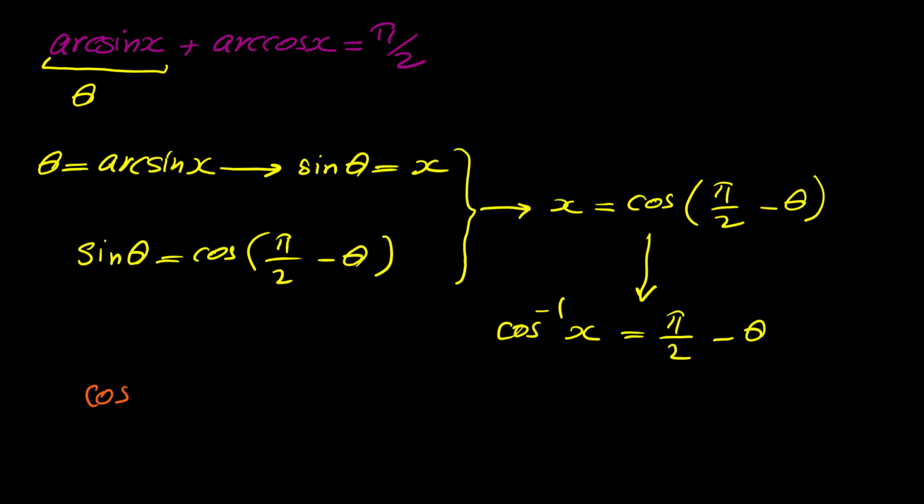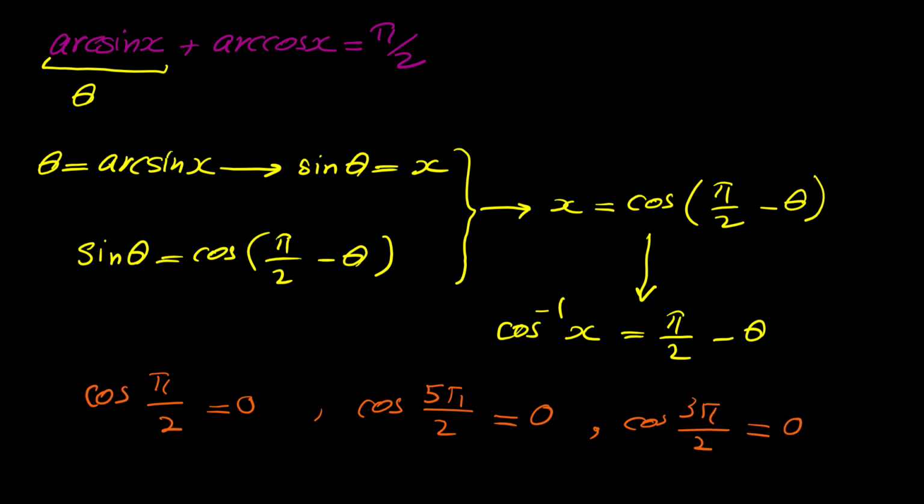Cosine of pi over 2 is 0. Also, cosine of 5 pi over 2 is 0. And cosine of 3 pi over 2 is also 0. So as you can see, we have different angles whose cosine is 0.